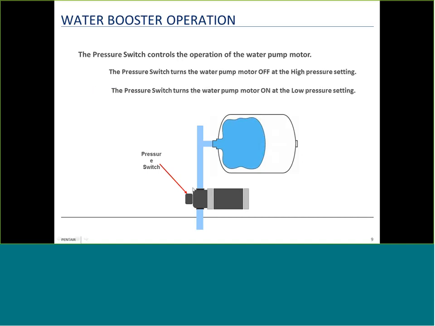Now, the pressure switch will turn the pump back on when it hits its low water pressure, which is typically 20 psi below the shutoff pressure. So if it's 90 psi, it's going to come back on at 70 psi to start filling this tank back up. If it's a 60 psi water boost system, it'll shut off at 60 and then turn back on at approximately 40 psi.